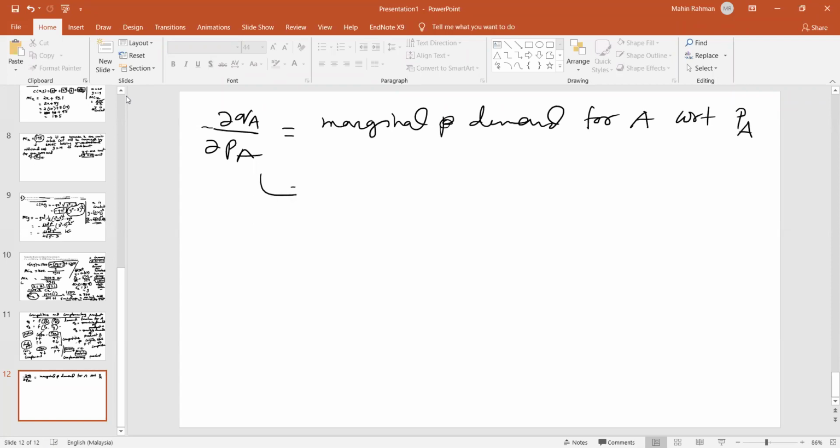What does this indicate? It indicates the change in the quantity of product A if the price of product A increases by 1 unit.